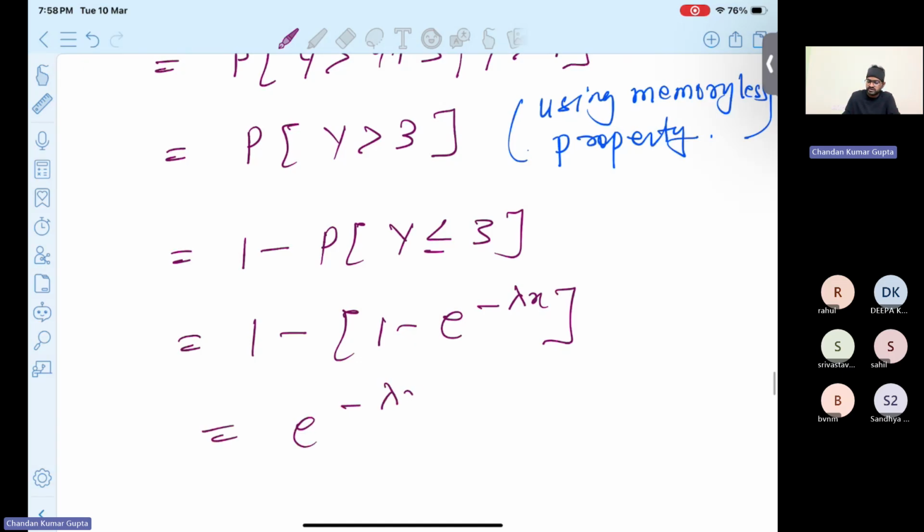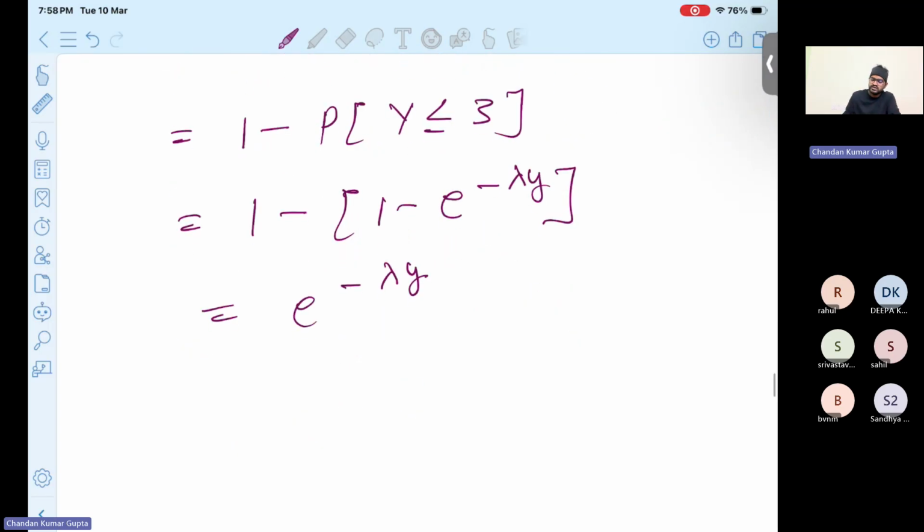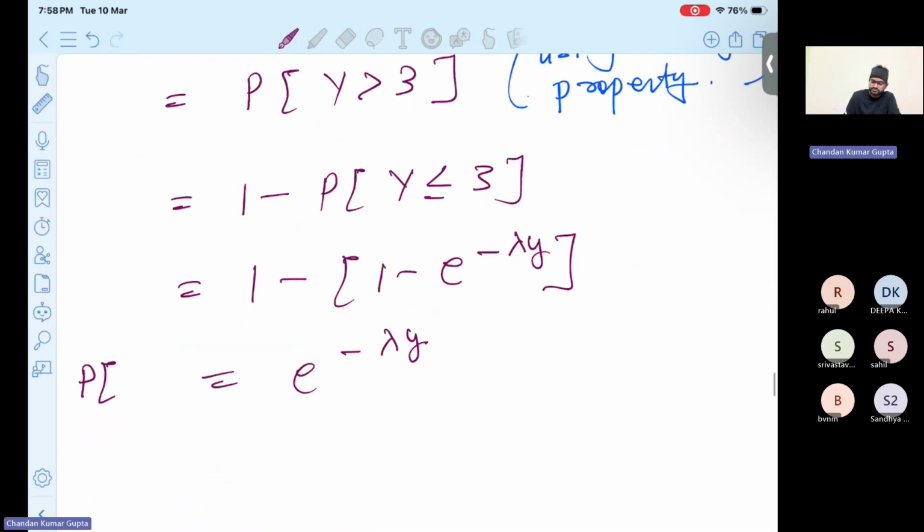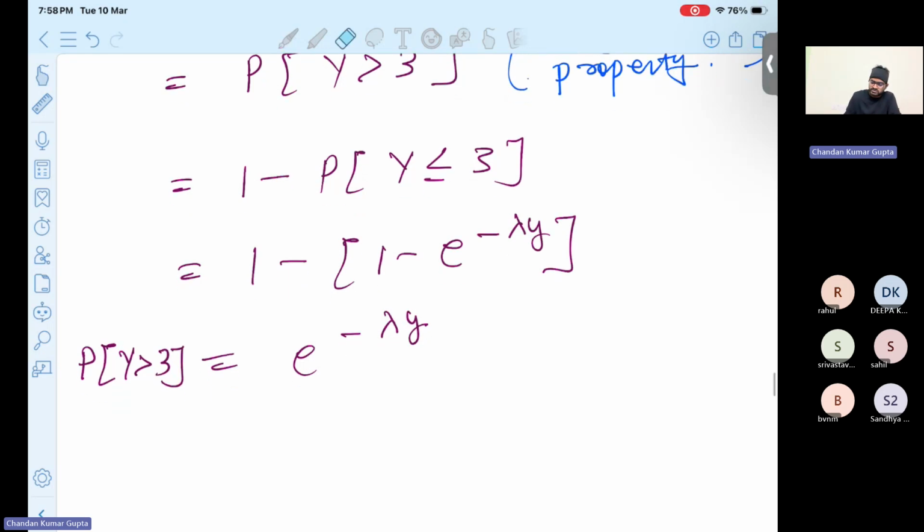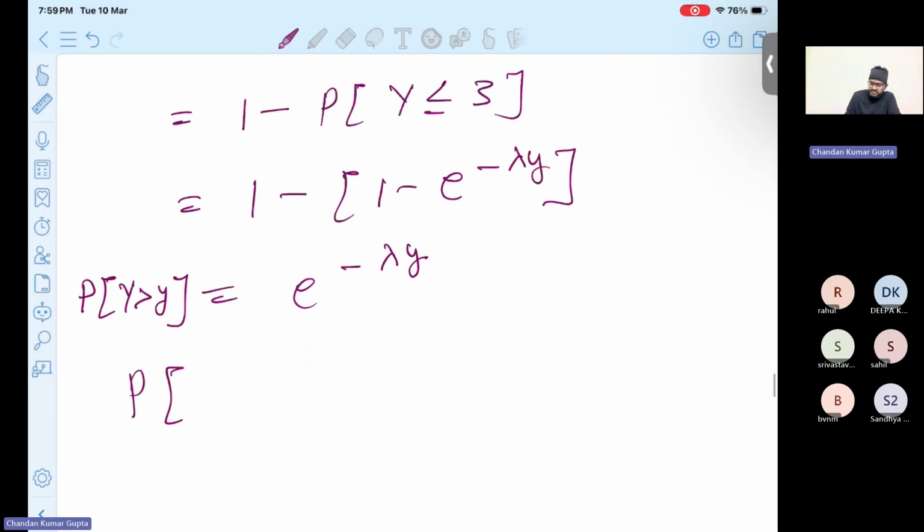So the probability that y is greater than 3 comes out to be e to the power minus lambda, which is 10 by 9, into y, which is 3.